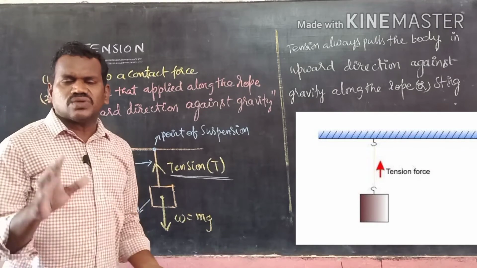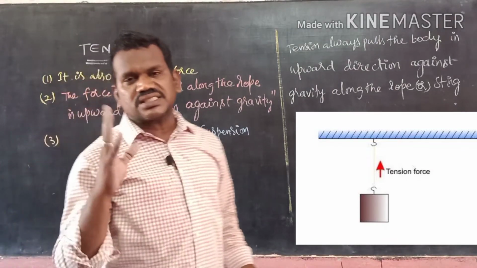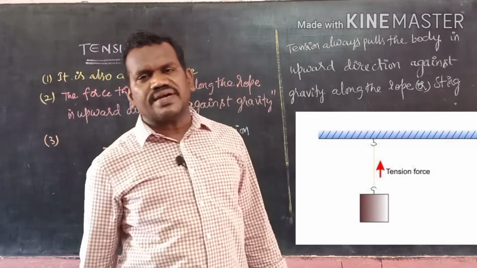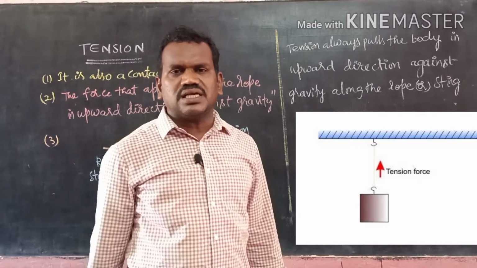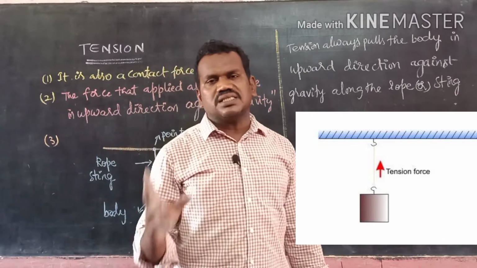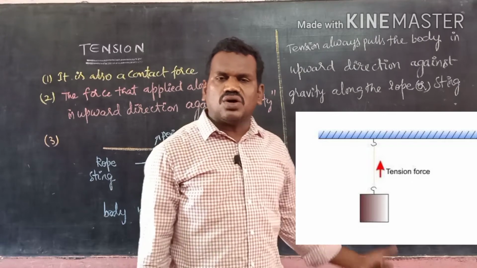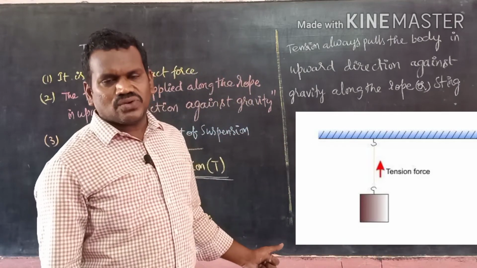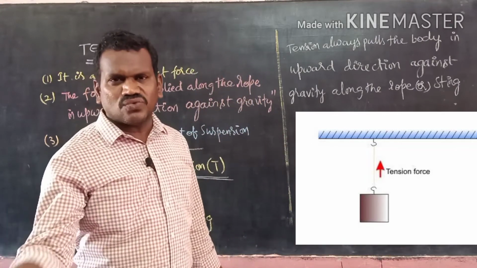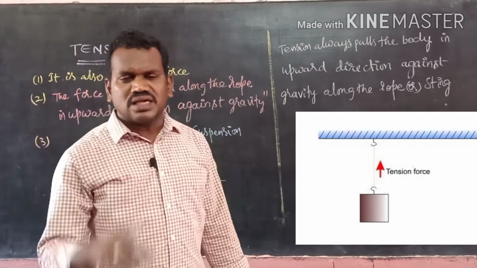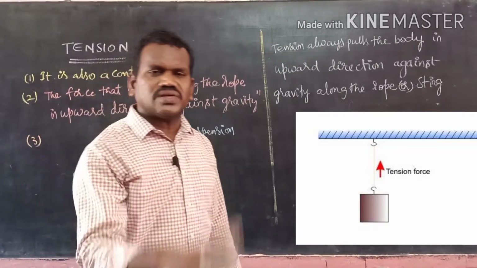In all the cases we are thinking about direction. Why? Because force is a vector quantity, so compulsorily it requires some magnitude and at the same time direction. These are all directional forces, because each acts in only a unique direction, either downward or upward.